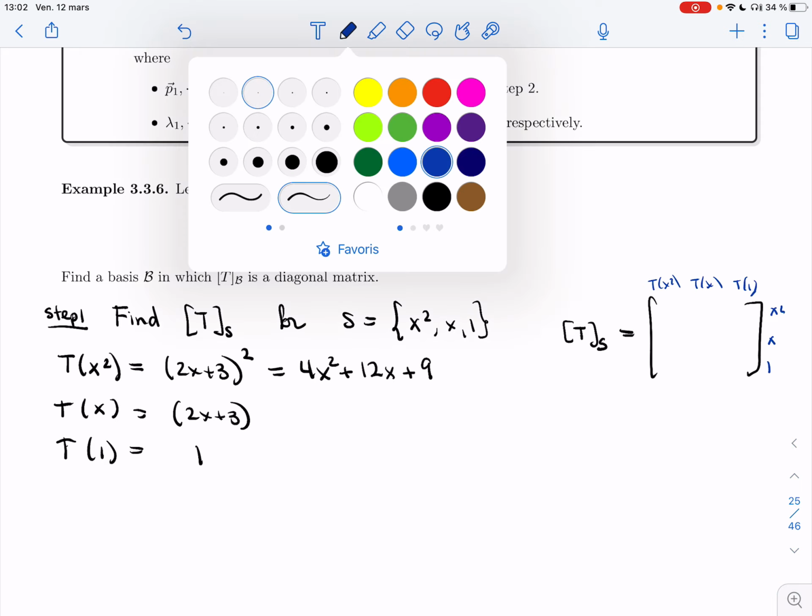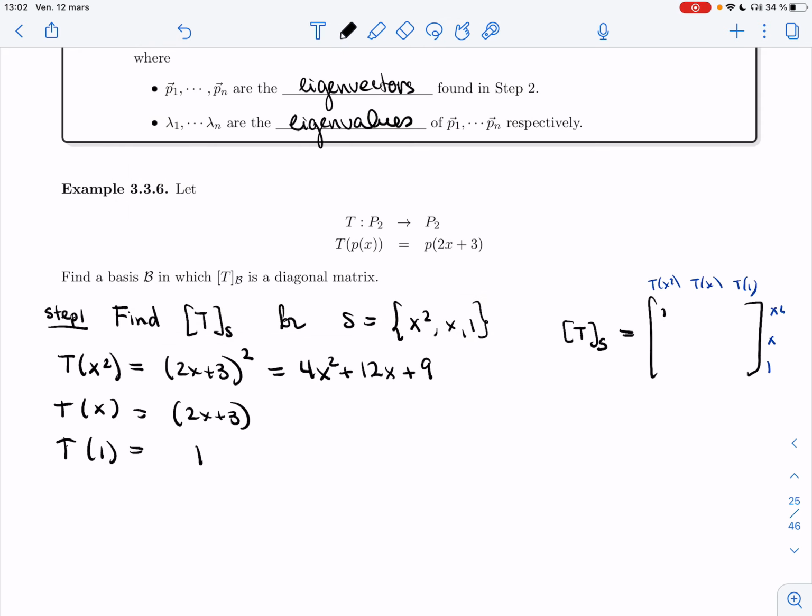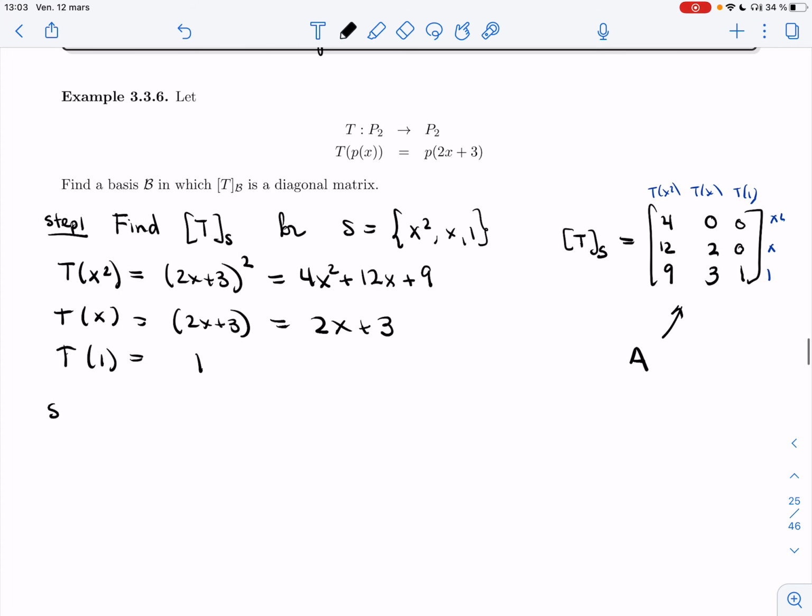So T of x squared will be 4 times x squared plus 12 times x plus 9. T of x is 2x plus 3, so no x squared, 2 and 3. T of 1, well, it's just 1, so there you go. All right, so I'm going to call this matrix A. And now I'm going to use what we've learned before to find eigenvalues and eigenvectors for A.